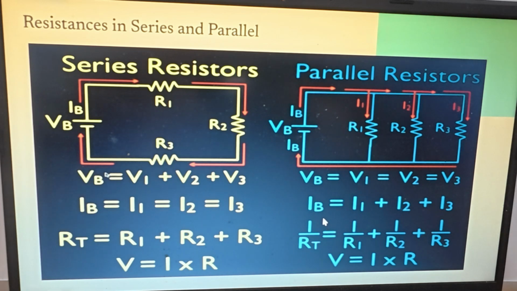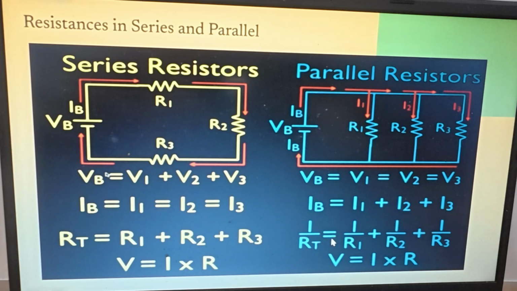And the resistances add in this way. So 1 over the equivalent resistance is equal to the sum of the reciprocals of the resistances: 1 over R1, 1 over R2, and 1 over R3. So this R here is really the equivalent resistance. V is equal to IR. The I is the sum of the currents, and the R is the equivalent resistance.